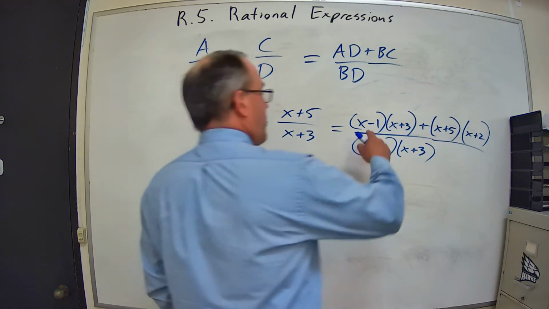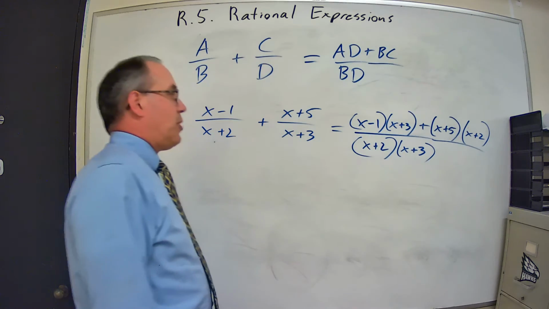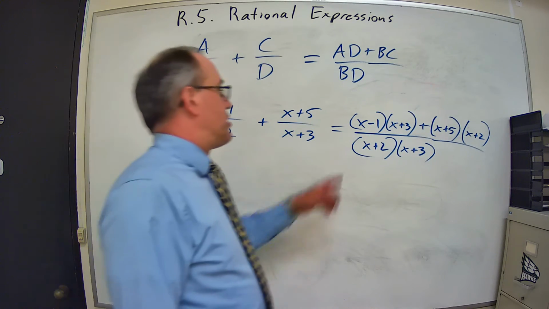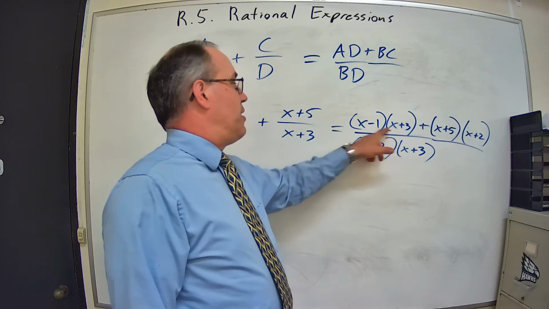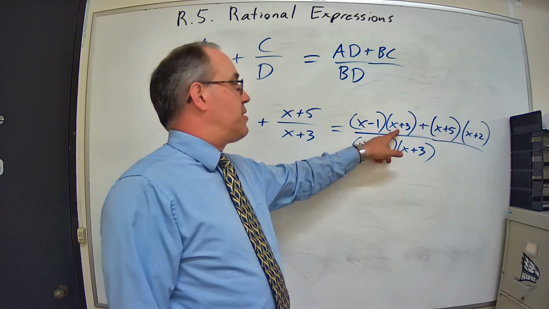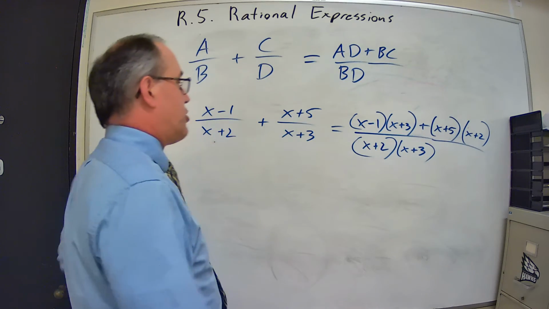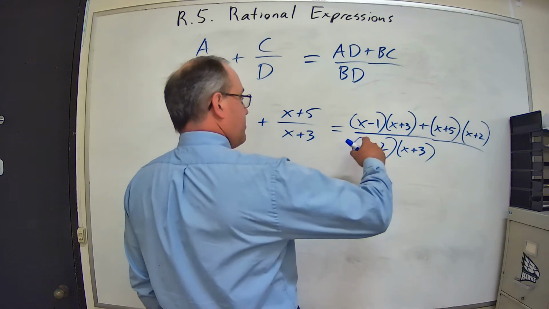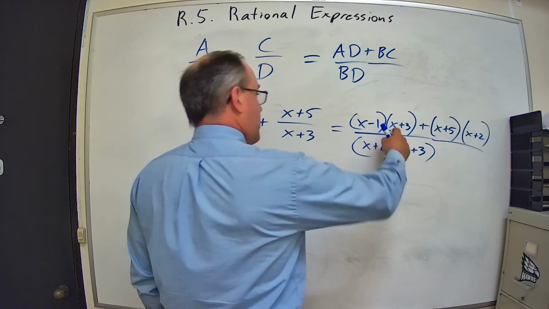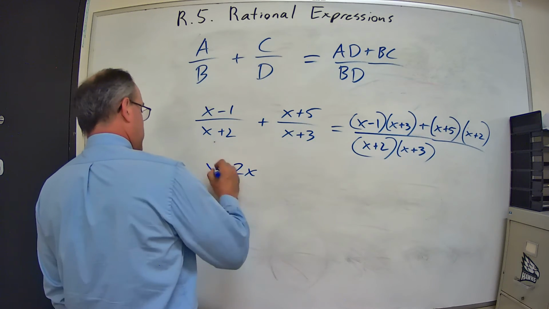So if we have x minus 1 times x plus 3, that's going to give us outer 3x, inner minus 1x. So that's going to give us 2x. First, x squared.